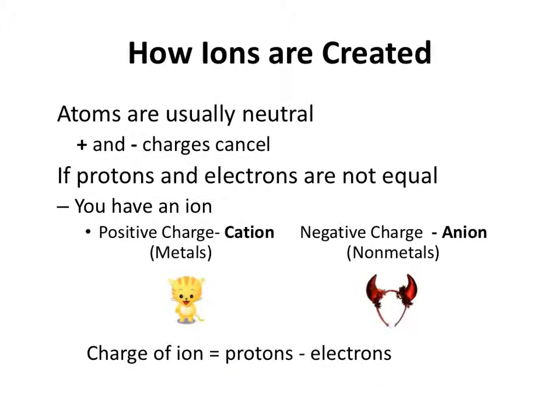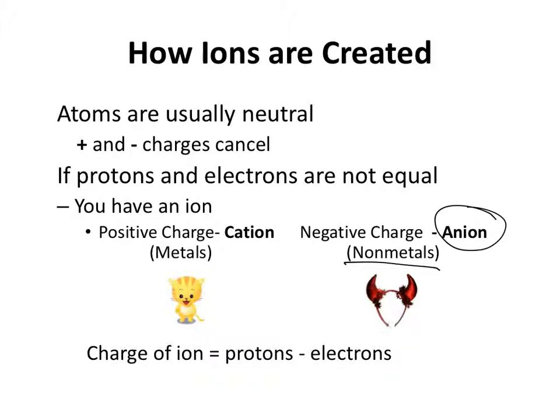Talking about charges, if you have a positive charge, you're considered a cation. That's the term, cation, and metals are the things that form cations. So think of a nice little kitty cat. That's a positive thing, if you like cats anyways. A negatively charged ion is called an anion, and those are nonmetals because they usually gain electrons and get a negative charge, meaning they end up with extra negatively charged electrons.